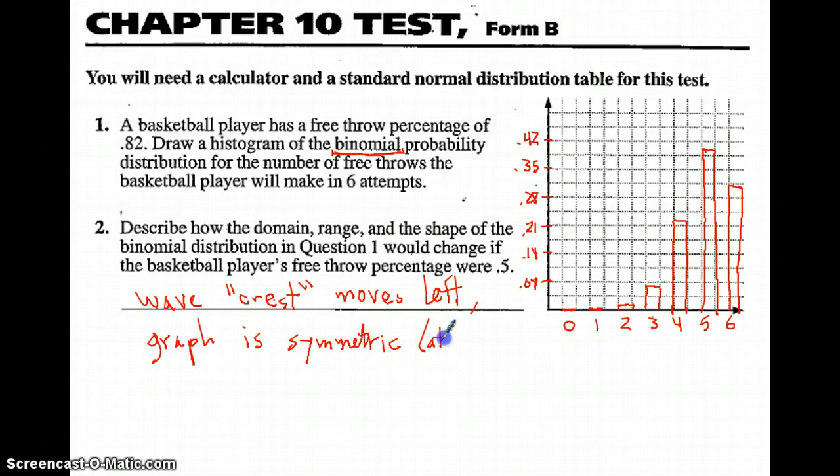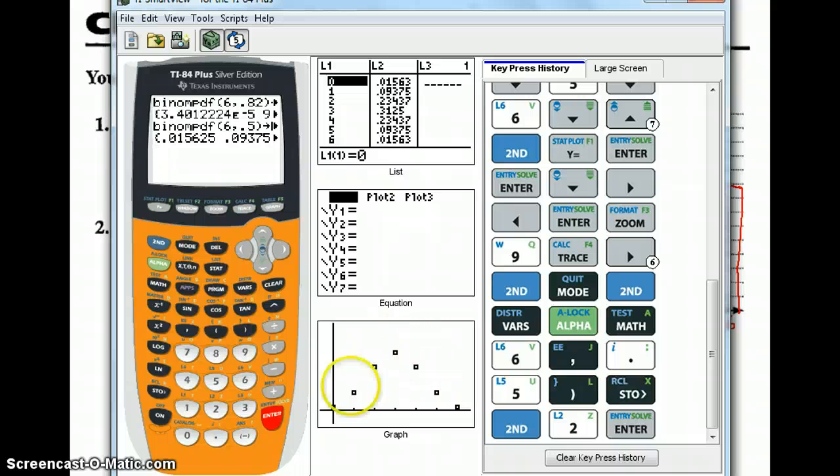At the line of symmetry, there was a quiz question about line of symmetry. X equals 3 is the peak of that, which is the expected value now. Expected value is np, and np is now 3, and that's going to be the mean. And that's when we start to look like a normal distribution. Now, I think the number of trials here is too small for it to be a normal distribution, but it's starting to take on that shape.